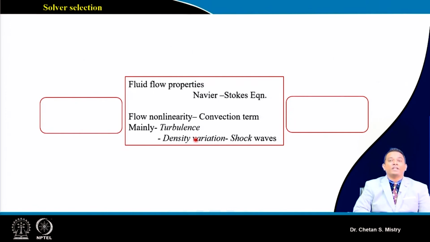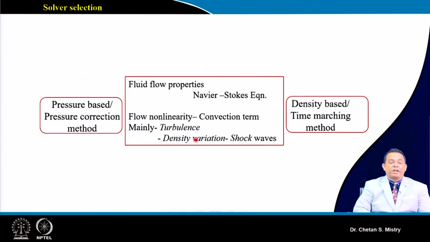So now the question is, what do we select in terms of solver? There are two different kinds of solvers people have defined. One is the pressure based solver, or we can say the pressure correction method. Second is the density based solver, or we can say it is the time marching method.